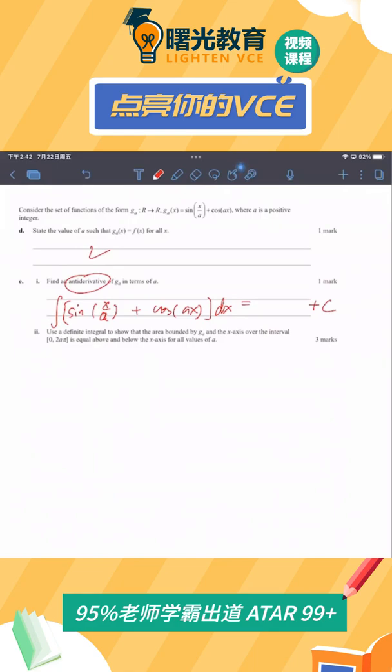All right. Second one: use a definite integral to show that the area bounded by g_a and the x-axis over the interval 0 to 2aπ is equal above and below the x-axis for all values of a.